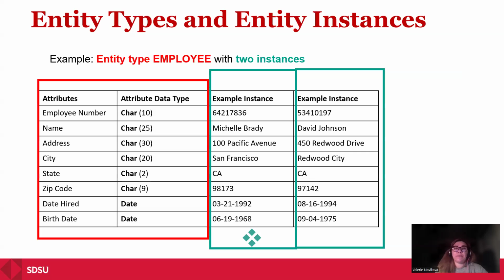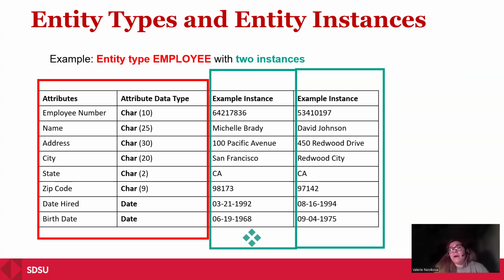So let's look at an example. Here's an example of an employee entity with two instances. The employee entity has various attributes. There's a total of 8 attributes here: employee number, name, address, city, state, zip, date hired, and date of birth.